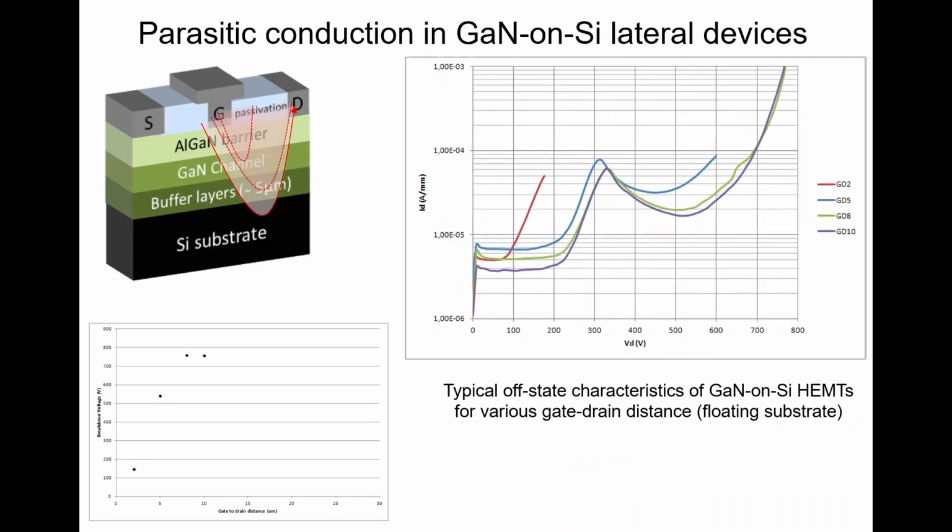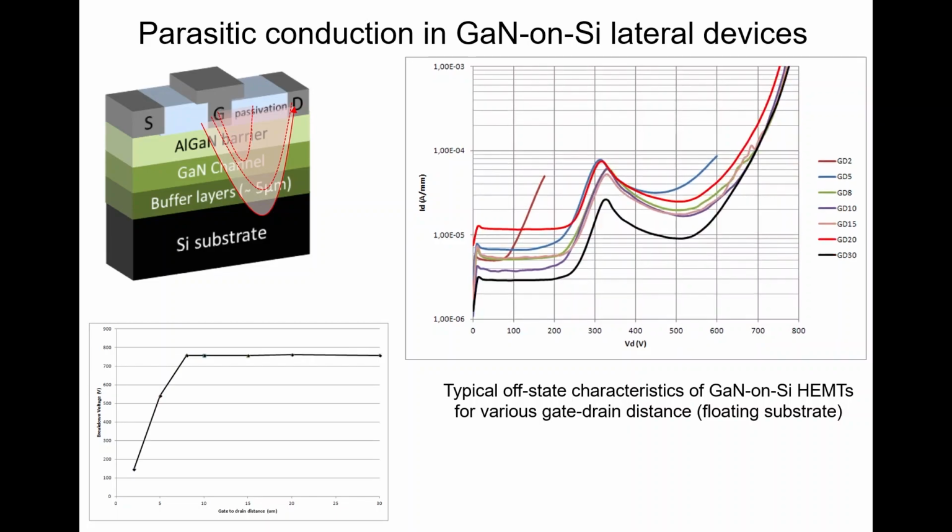But regardless of your buffer thickness, at some point you will get saturation here for any given structure. Of course, the level of breakdown and the gate drain distance where the breakdown will saturate depends on the quality, on the thickness, and all this. But basically, this will always look like this.